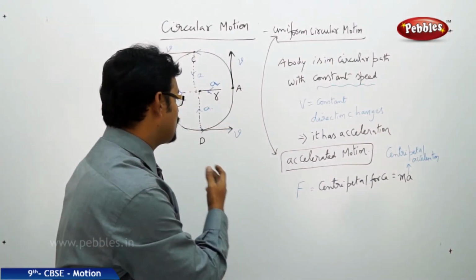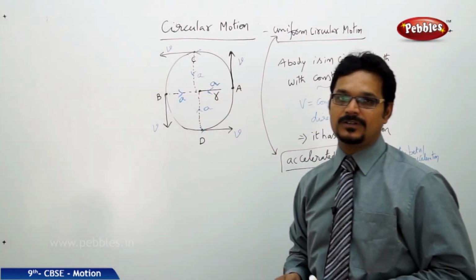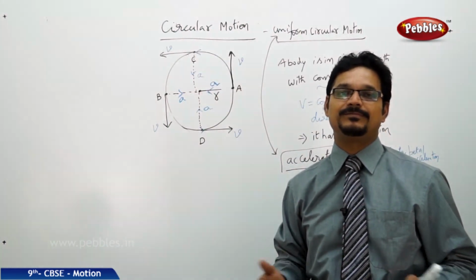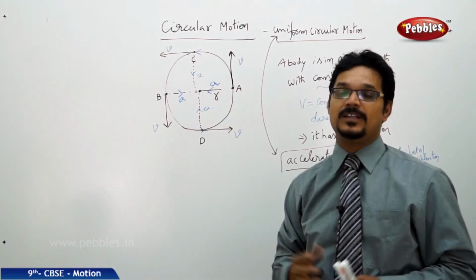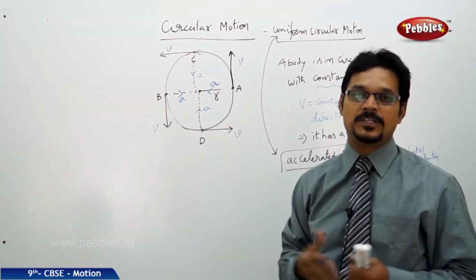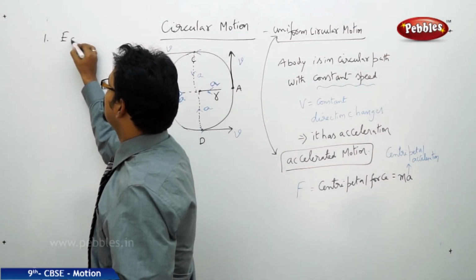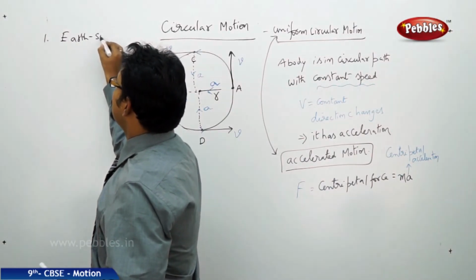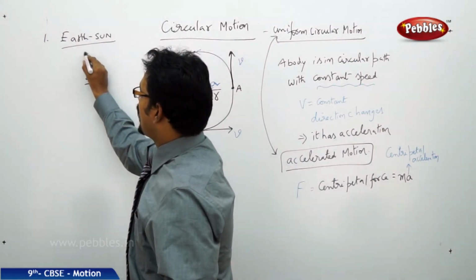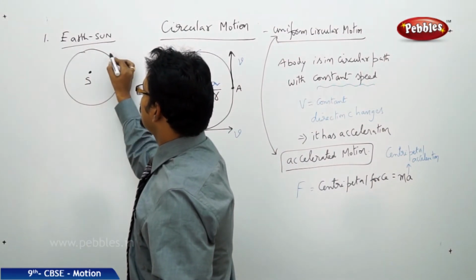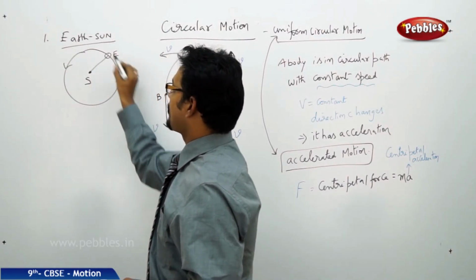And in circular motions, we have so many practical examples in physics, in real life situations. Take the example of our solar system. All the planets revolve around the sun in circular motion. Specifically, our planet Earth and sun system, if you take, this is sun, and around the sun Earth is rotating in this way.